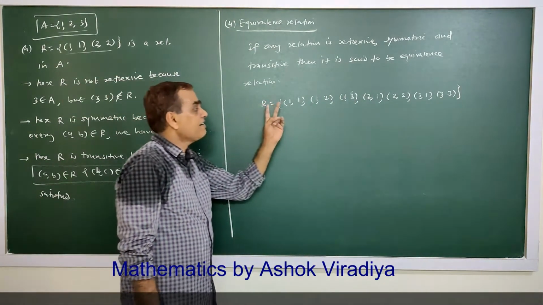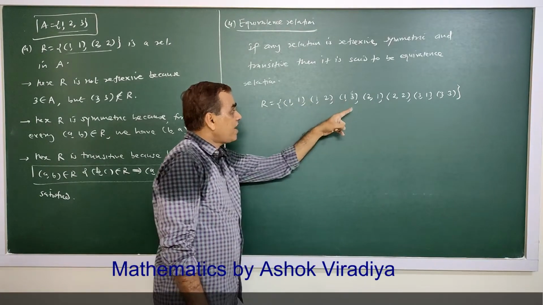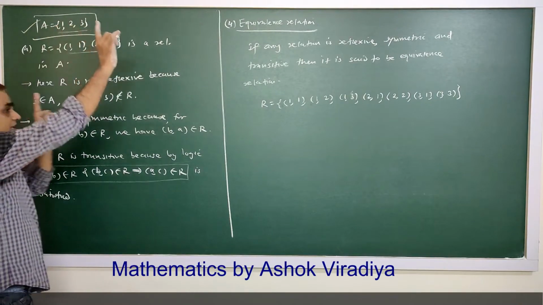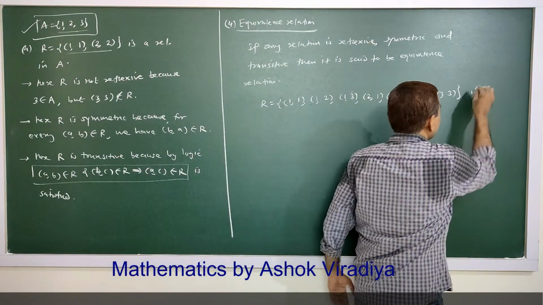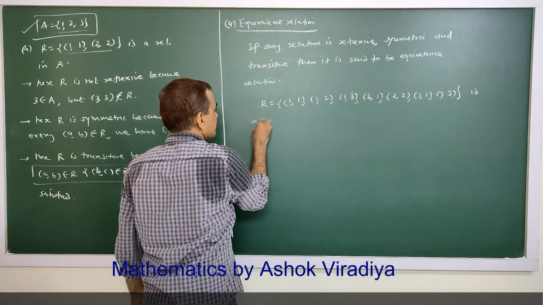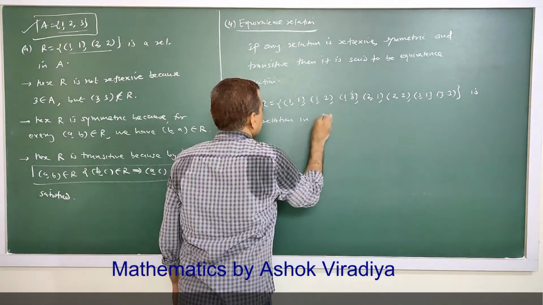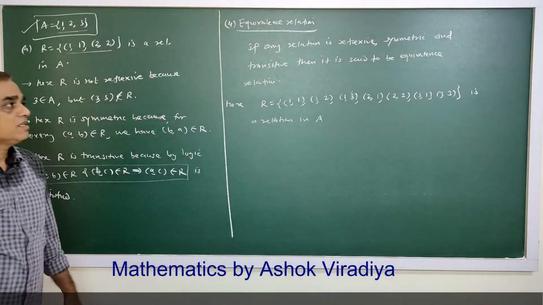In every ordered pair, the first entry and second entry are both in set A, so it is a relation in set A. This is a relation in set A, explaining the meaning of equivalence relation.